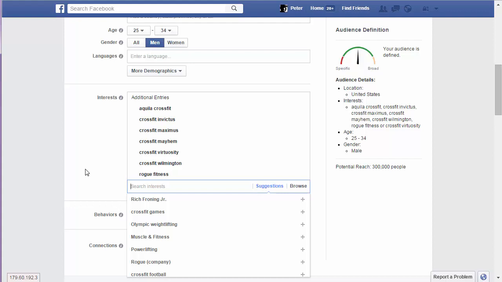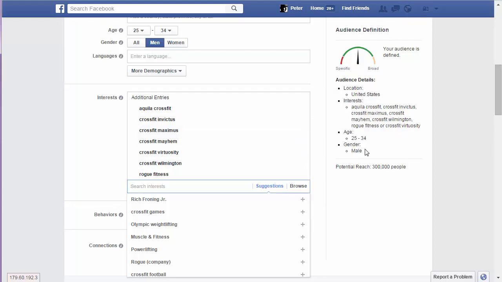That one was, wow, that went up hugely, didn't it? That took us from 18,000 up to 300,000. So CrossFit Virtuosity, actually Rogue Fitness might have been, I can't remember if that was one of them or one of the original ones, but the one I just posted in there, CrossFit Virtuosity, was one of the ones that this page likes.